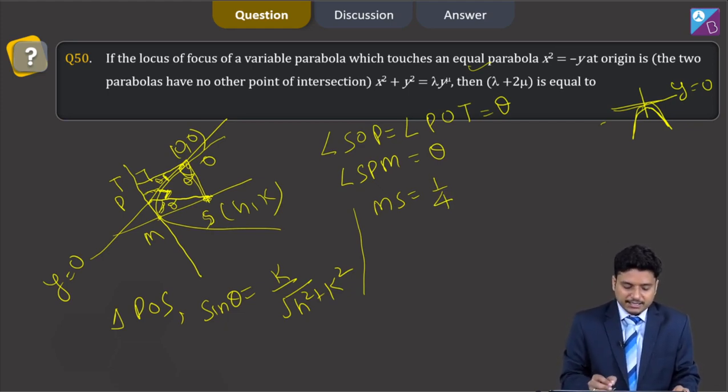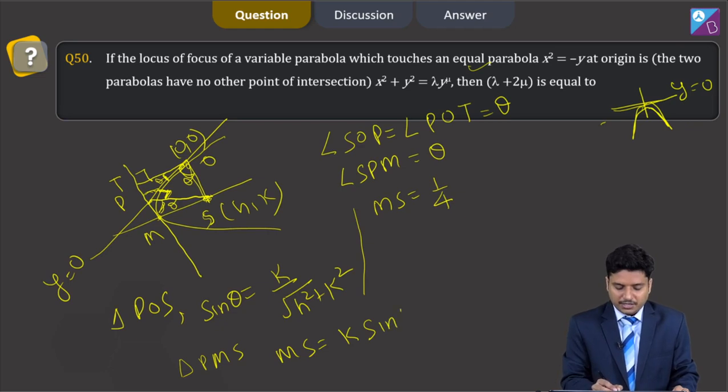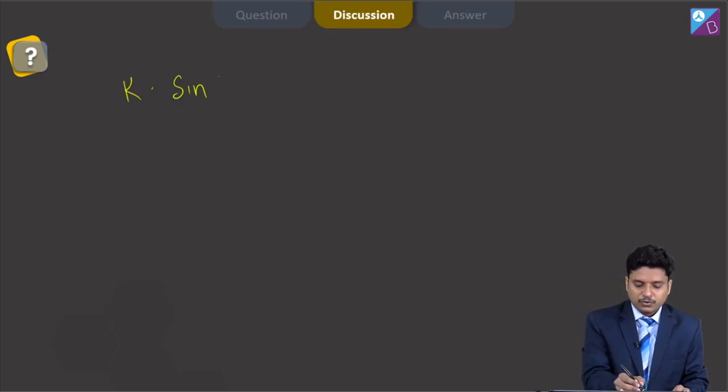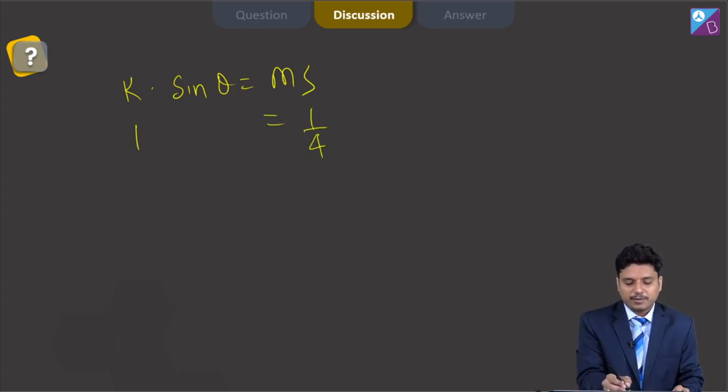MS can be written as k sin theta according to triangle PMS. So in triangle PMS I can say that MS can be written as k sin theta, because this length PS is k. So k into sin theta is equal to MS, and MS is 1/4.